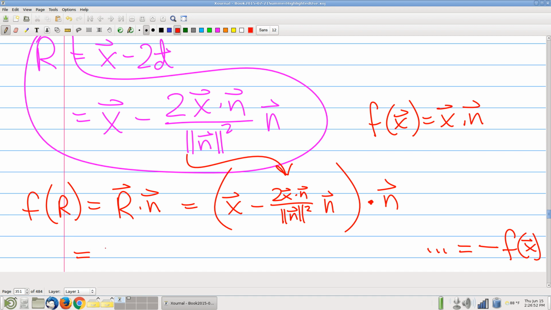The first term I get is x dot n. Next, looking at that dot that, you can see this coming, I'm going to have an n dot n.